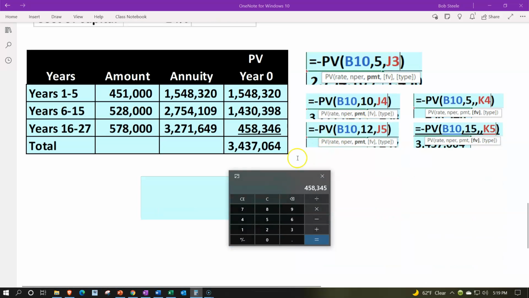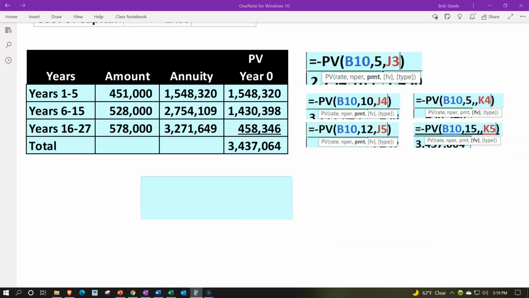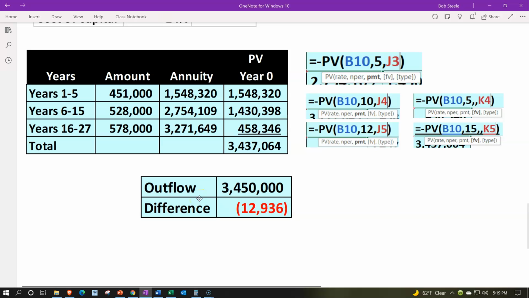And if we scroll on down, that's going to be the 458,346 about. Spectacular calculation work. Good work, calculator. That was well calculated.